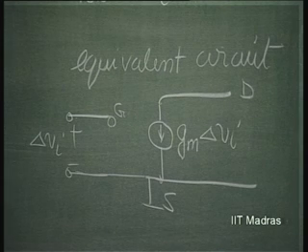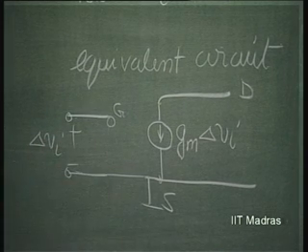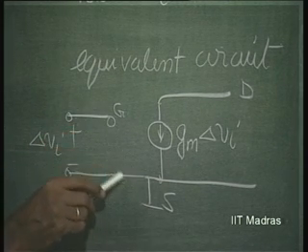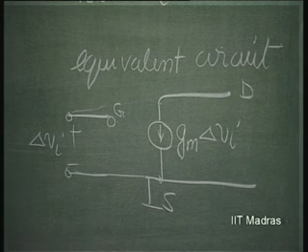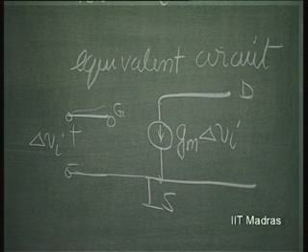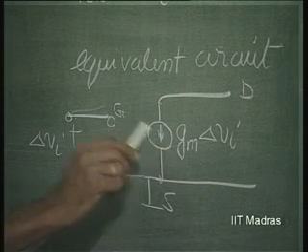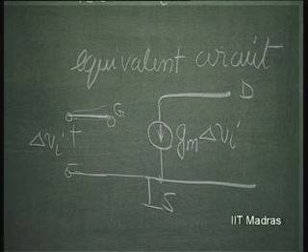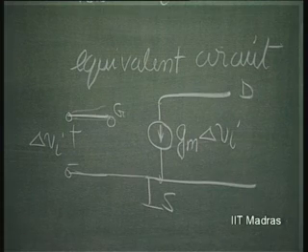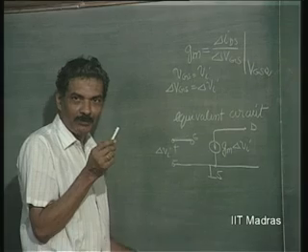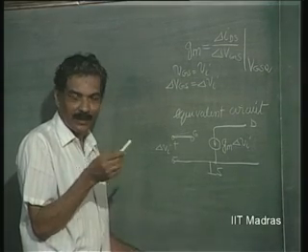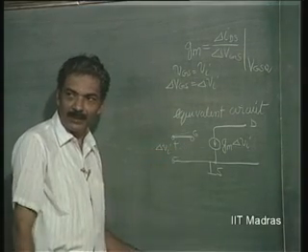Now, there is a difference between base and emitter. Even though it was a forward biased junction, we had negligible base current if alpha were exactly equal to 1. So, this current was very nearly 0 even in the case of base, which really means that if you take an ideal transistor with beta infinity or alpha equal to 1, even this impedance would have been infinity.